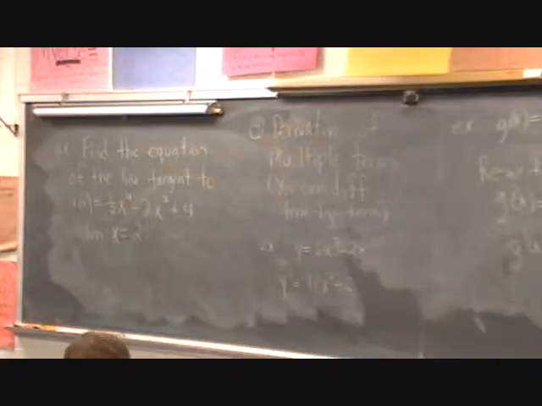Find the equation of the line tangent to f of x equals 1/2 x to the 4th minus 2x cubed plus 4 when x equals 2.